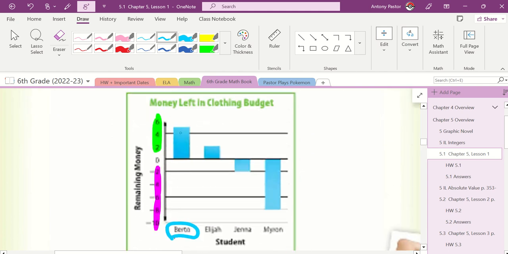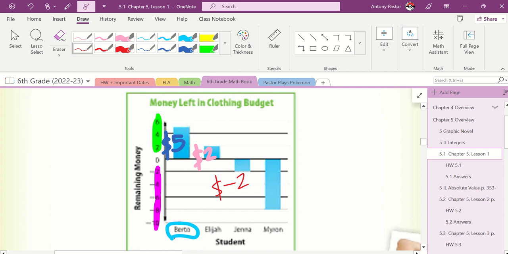Berto is at about $5 left in his budget. So I'm going to put 5 there, or $5. That's how much money is left in their budget. Elijah is right at 2. So Elijah's got $2 left in their budget. Jenna overspent $2, so she's going to have -$2.